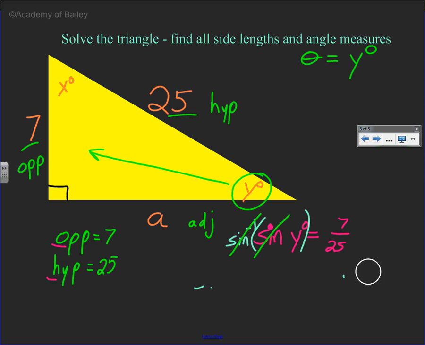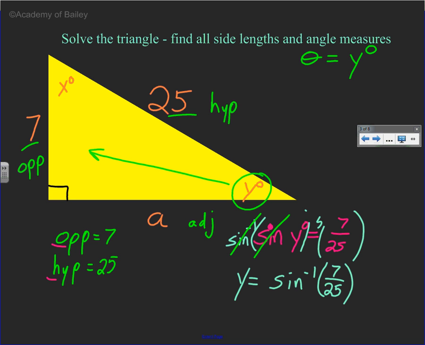So remember, if you take the sine inverse of the left side of the equation, you have to take the sine inverse of the right side of the equation. I'm going to write it down here. y is equal to sine inverse of 7/25.